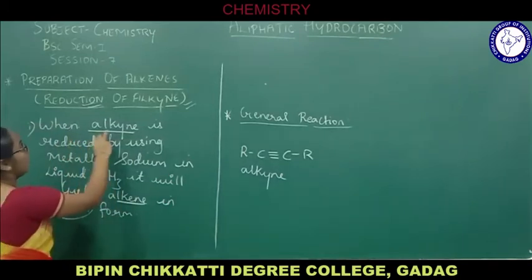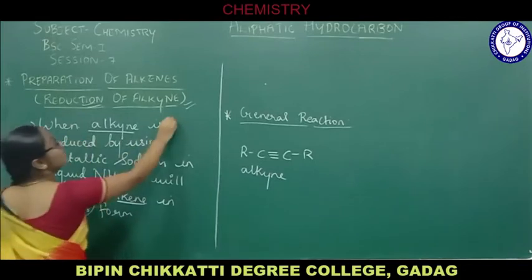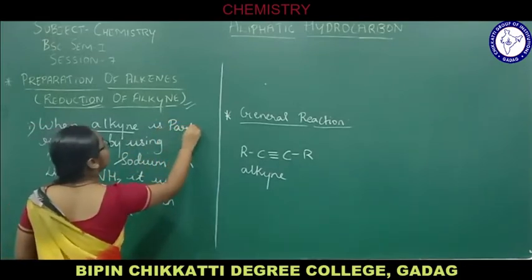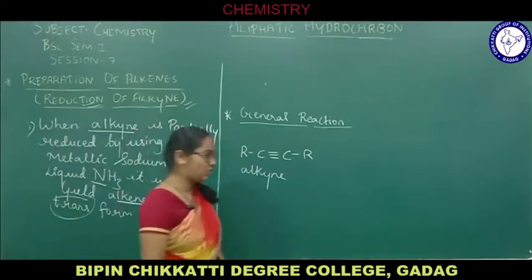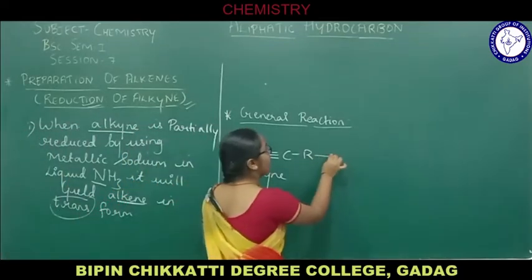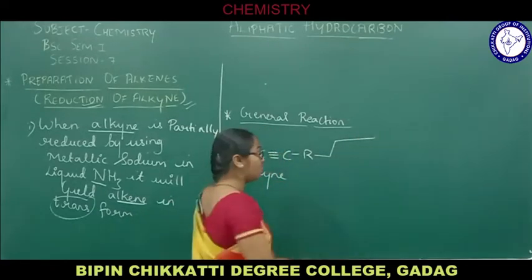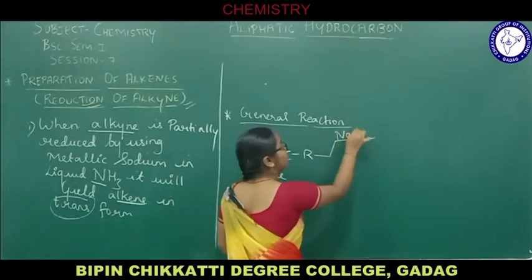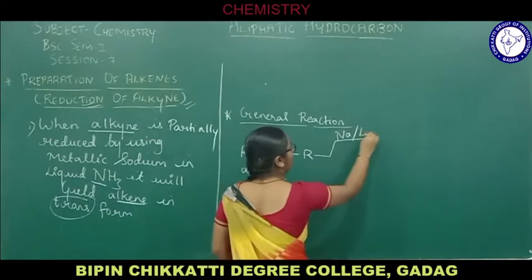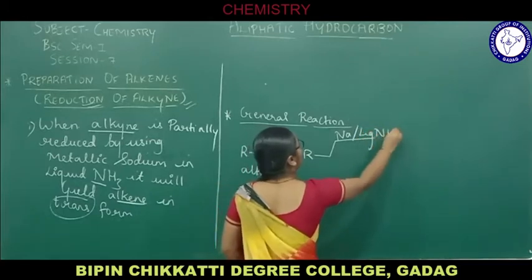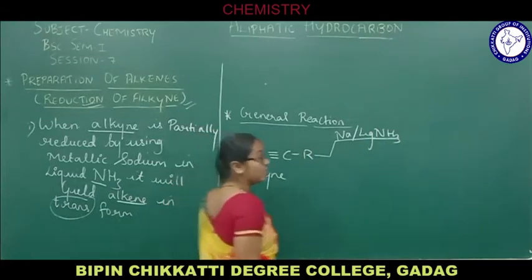When alkyne is reduced, or when alkyne is partially reduced, it will yield, now it is undergoing reduction in the presence of metallic sodium, which is added into liquid ammonia. At that time you are going to yield the product called alkene.